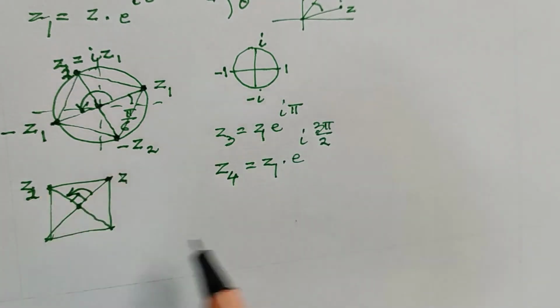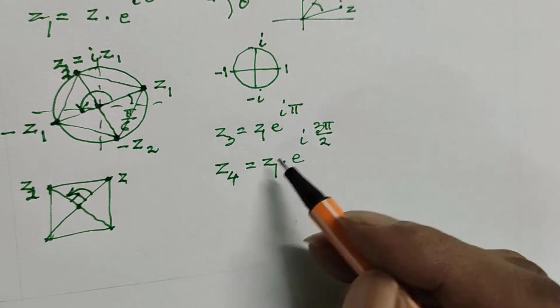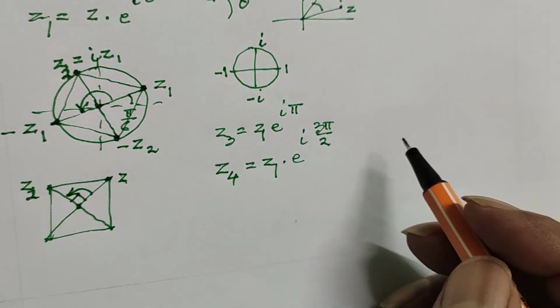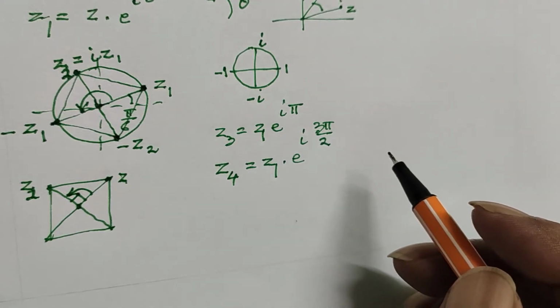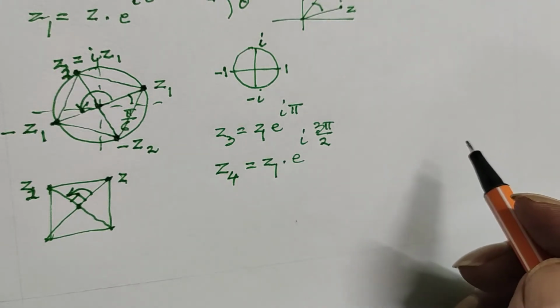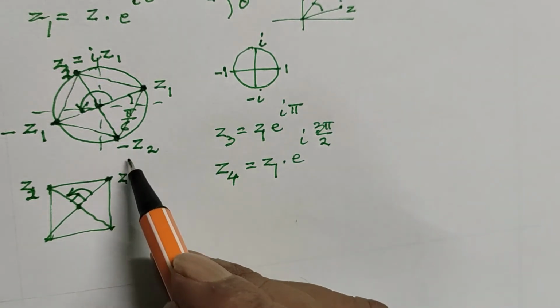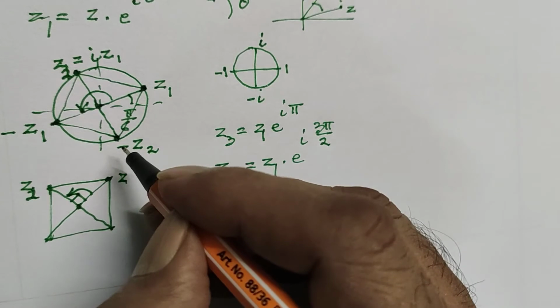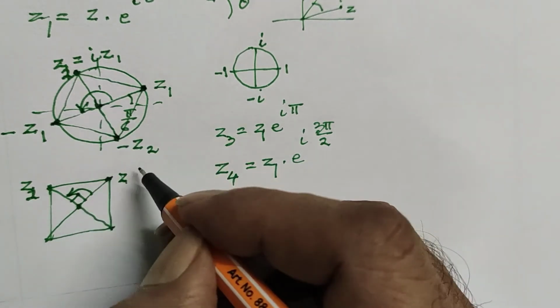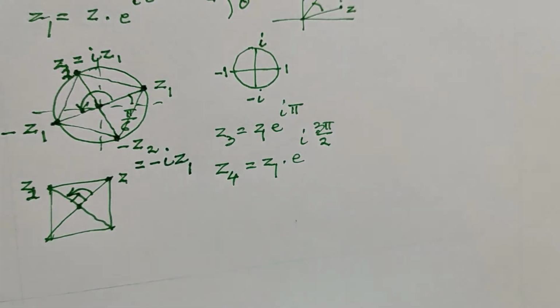And the result would be the same, because this is pi plus pi by 2, and cos of pi plus pi by 2 is negative, sin of pi plus pi by 2 is also negative, cos pi by 2 is 0, sin pi by 2 is 1, so minus i. So this is minus z2, which is equal to minus i z1. This is about a square inside a circle.